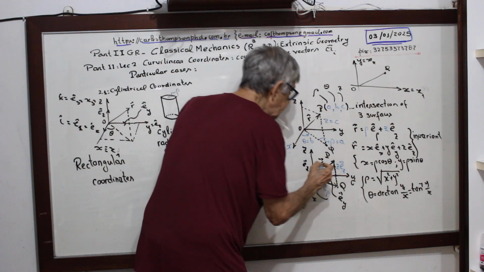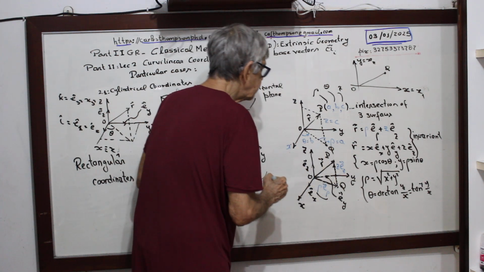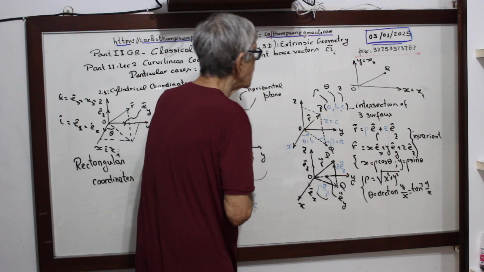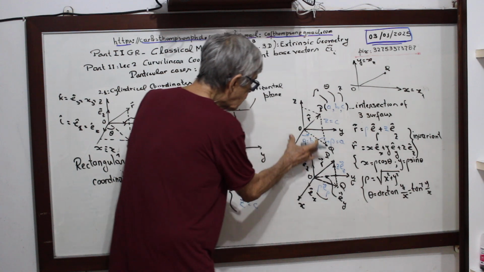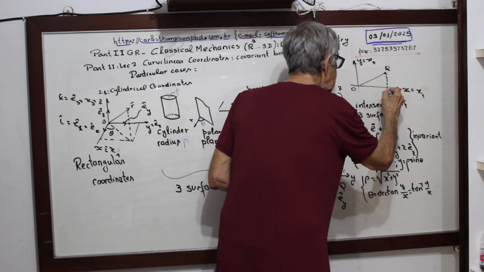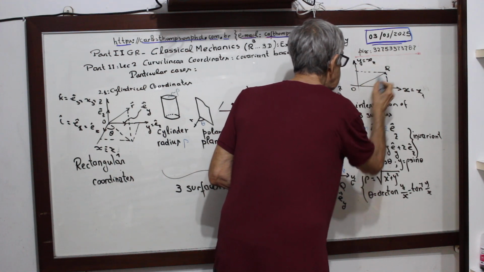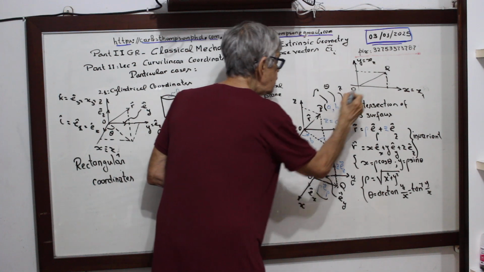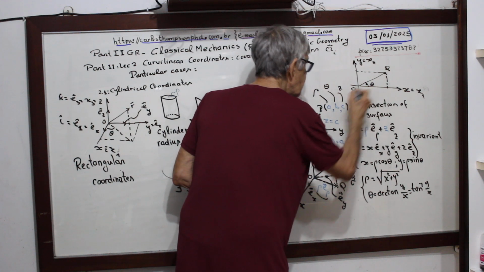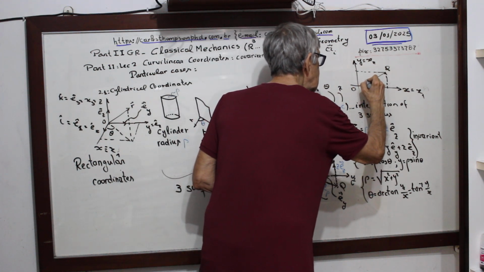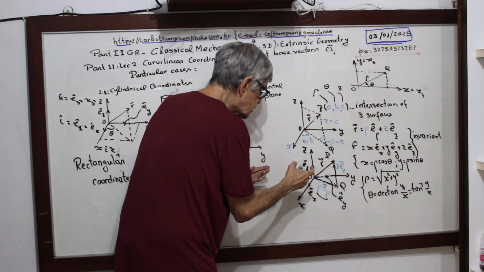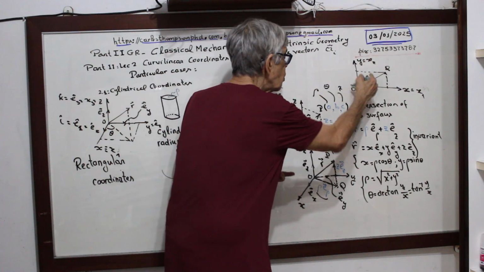This is my point Q. P is in space. Q belongs to this plane x and y. Now, I put this right triangle here. Here is my angle theta. And OQ is rho, the intensity, the magnitude.